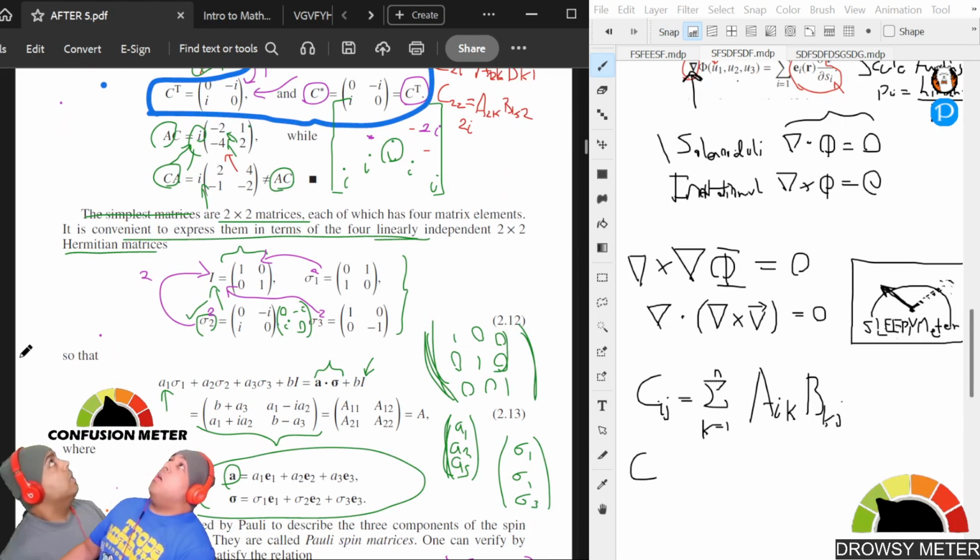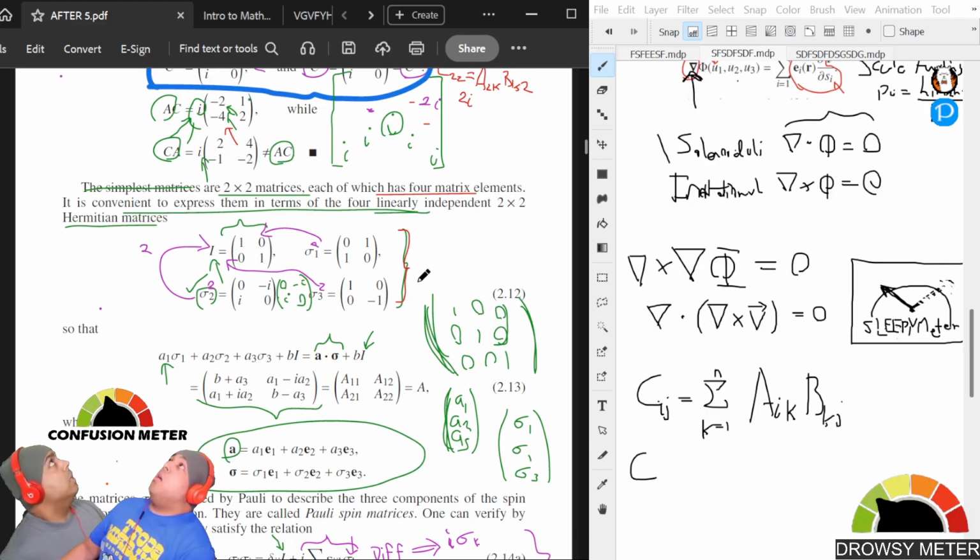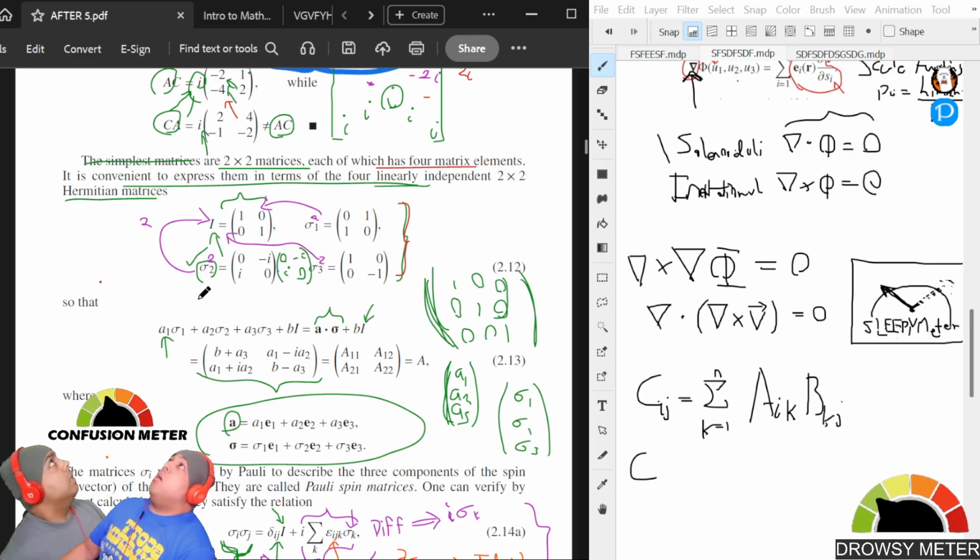The simplest matrices are 2 by 2 matrices, each of which has 4 matrix elements. Yeah, it is convenient to express them in terms of these guys. All of these guys are Hermitian. So that A1, A2, A3. What is A1, A2, A3?